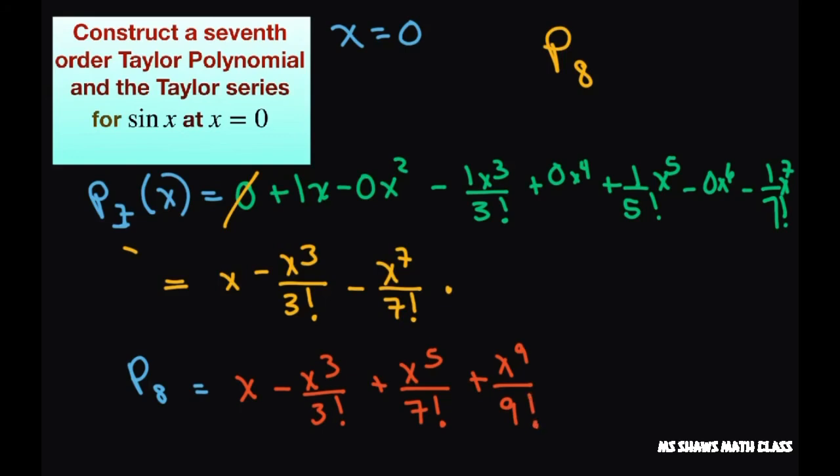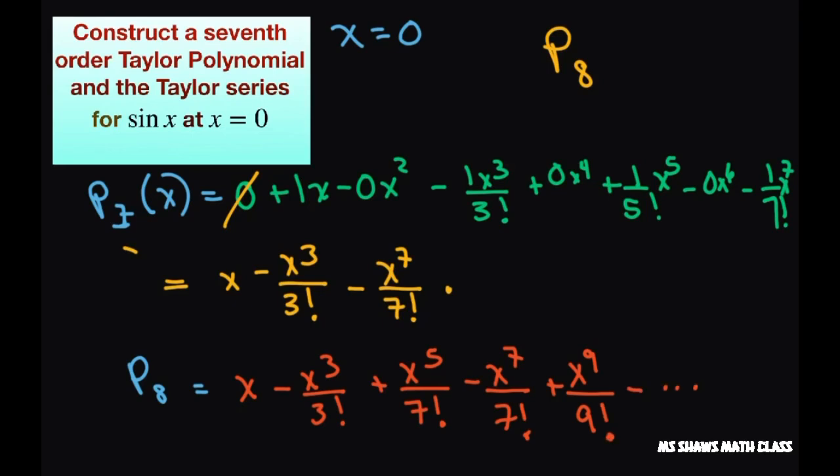So it should be plus, minus, plus. I missed my 5. I knew something was wrong. All right. Next one would be minus dot dot dot.